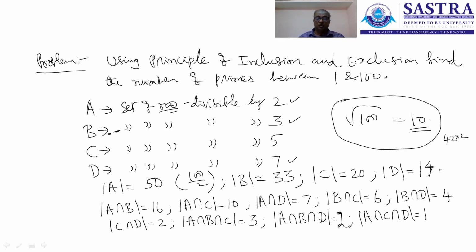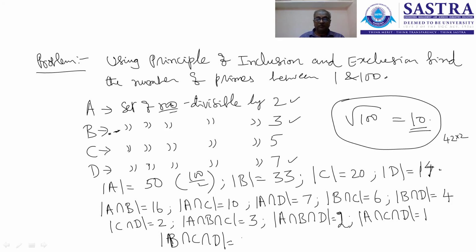Okay, so now I have to take 3 at a time. I have taken A intersection B intersection C. Then I have taken A intersection B intersection D. And then I have taken A intersection C intersection D. Now what is left out? B intersection C intersection D, which would be 15 into 7. 15 into 7 is 105.